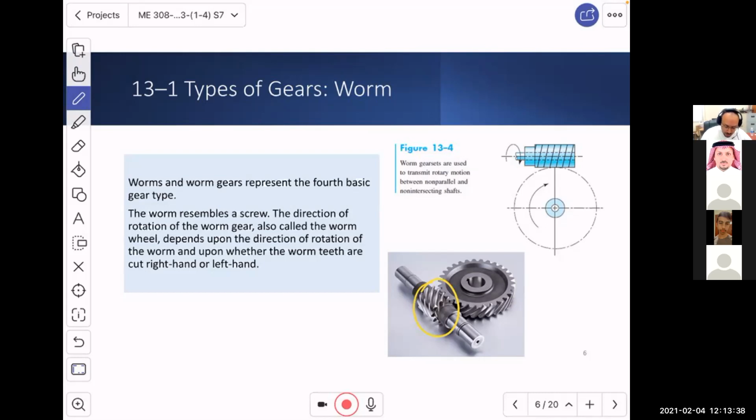But in general, this is called the worm, which is like a screw. If you think about it, this is just like a screw. And this one is called the worm gear, or sometimes they call it the worm wheel. And there is a convention for the rotation, how this would rotate clockwise, and this one rotating clockwise or counterclockwise. We can talk about it later.